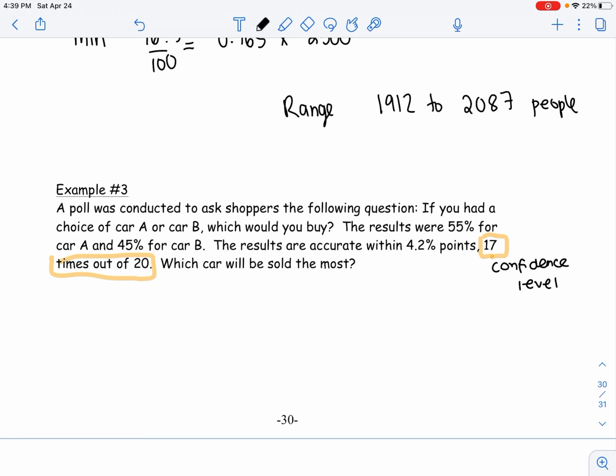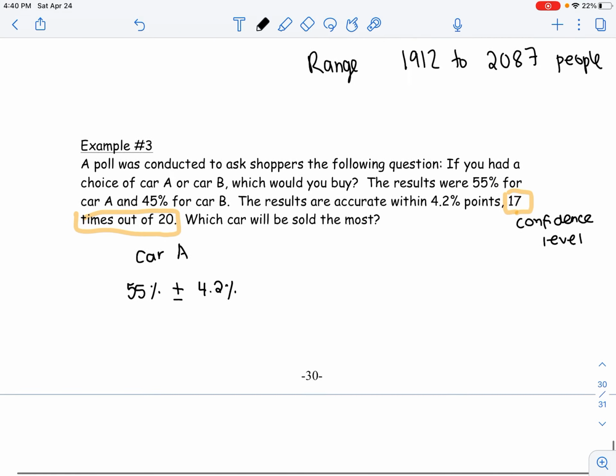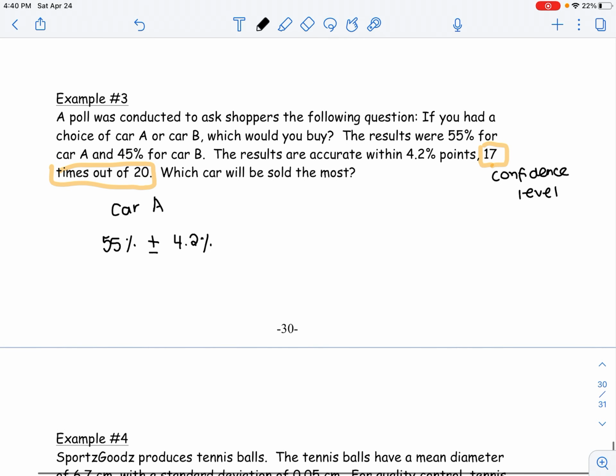Okay, so we have to look at the range of percentages and make a decision from there. For car A, we have a 55% average with that margin of error of 4.2%. That's when we're talking about the confidence interval.